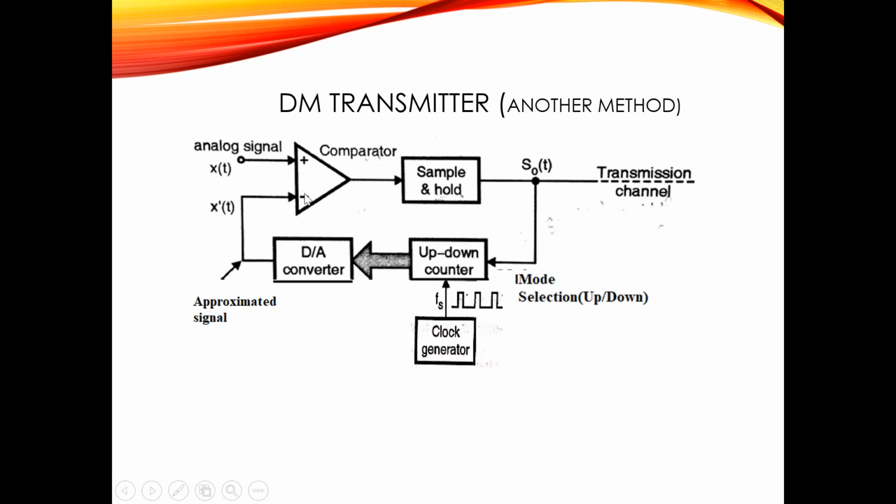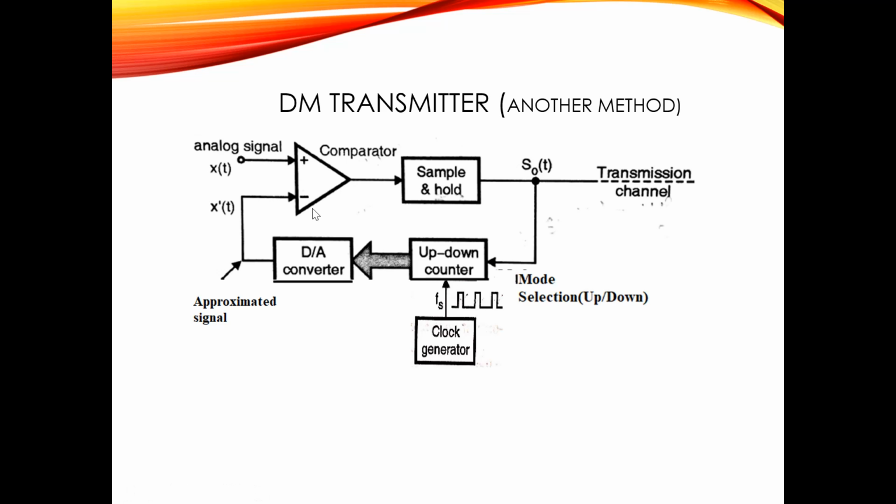With the help of a comparator, the error, which is the output of the comparator, is applied to a sample and hold circuit, and we get the output, that is 1 or 0, and that same output is applied to an up down counter. The up down counter will be either up or down, depending on the clock generator frequency, that is the sampling frequency fs. The output of that is given to the D to A converter, and that analog signal is considered as the approximated signal.